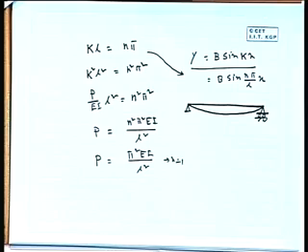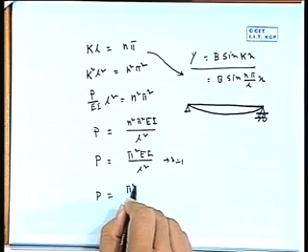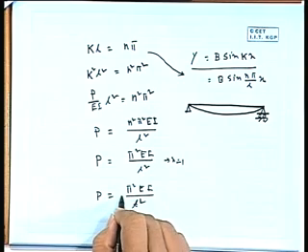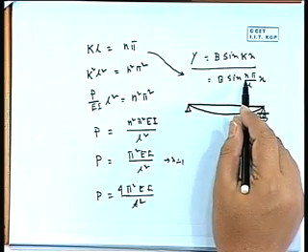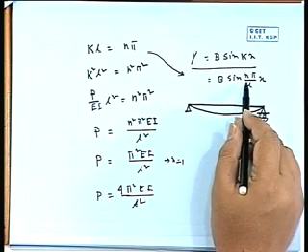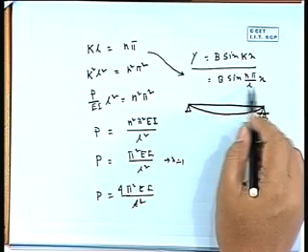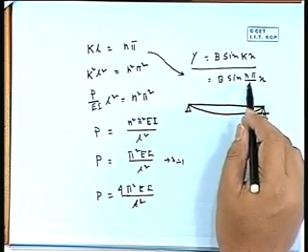Now this is for n equal to 1. Now if n equal to 2, P will be pi square EI by L square, with n square meaning 4 coming here, and n equal to 2 means it will be sin 2 pi x by L. So if we put x equal to L by 2, the 2 cancels and the value will be 0.